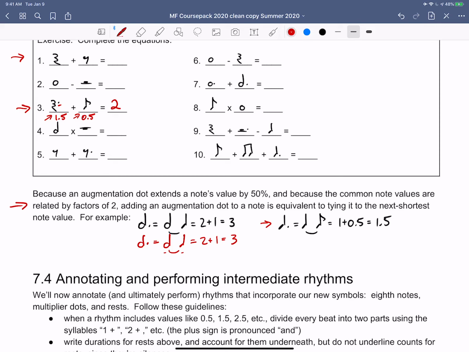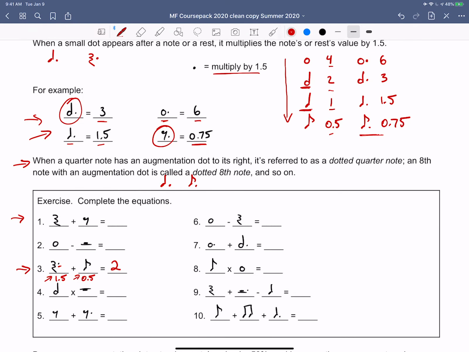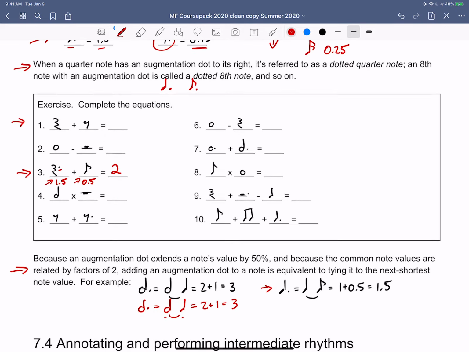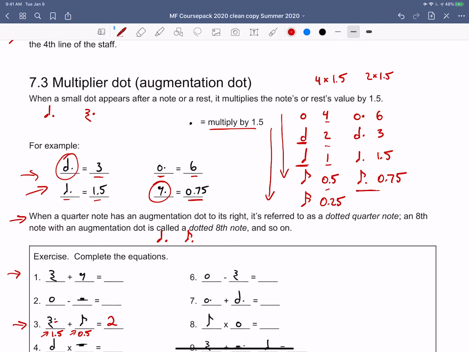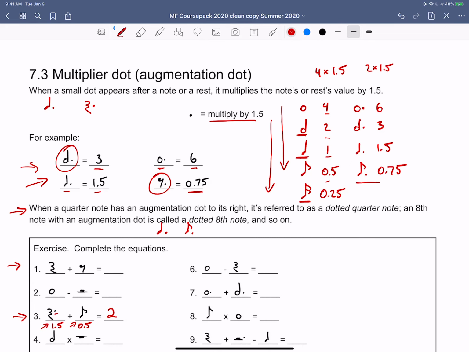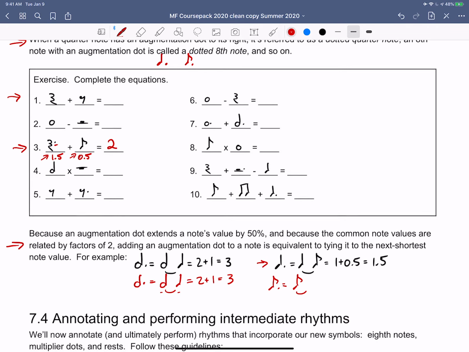I'll do one more example, and this is to give you a little taste of what you'll see in another couple of chapters. If you were to continue this hierarchy up here, logically you would come up with a 16th note as being next, and its value is going to be 0.25, again following that same pattern of getting smaller by a factor of 2 each time. So if you were to encounter a dotted 8th note, it would be equivalent to an 8th note tied to the next note down on that hierarchy, which is going to be that pesky 16th note, which we just introduced.